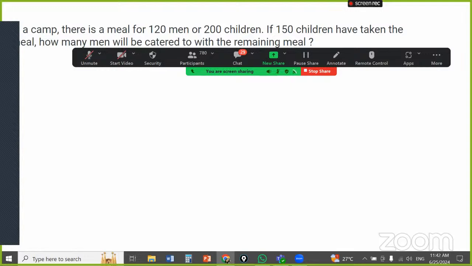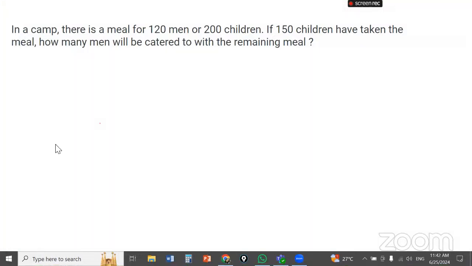Ashwini, we don't have any proper steps here. This is a logical question only. If you want to do it with steps, wait, I'll give it for you. So here they have given 120 men and then 200 children, right? They consume the same amount of meals.